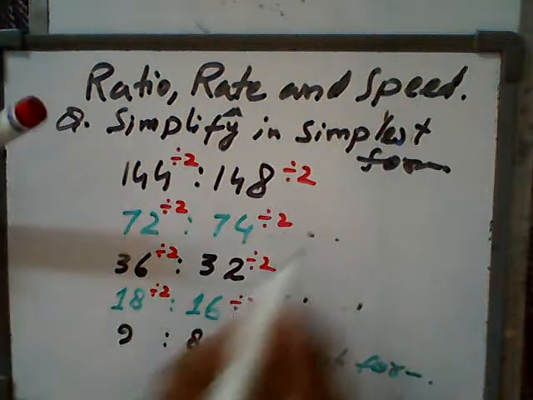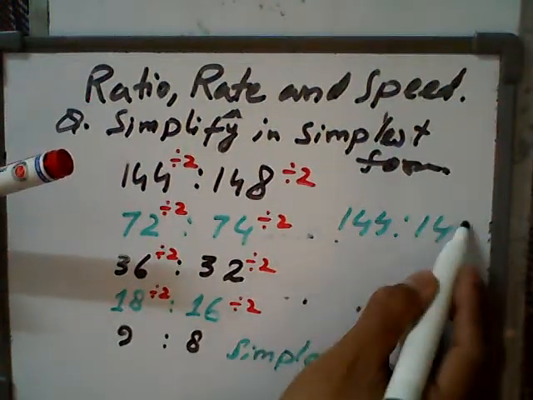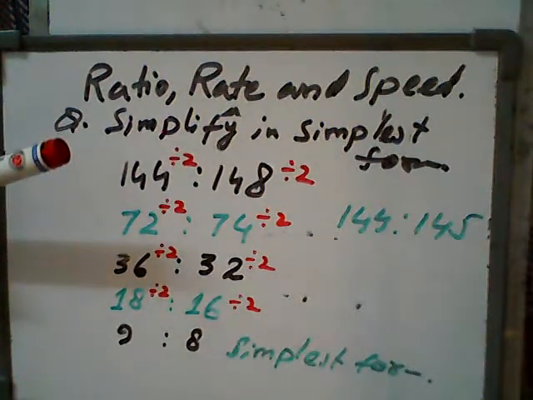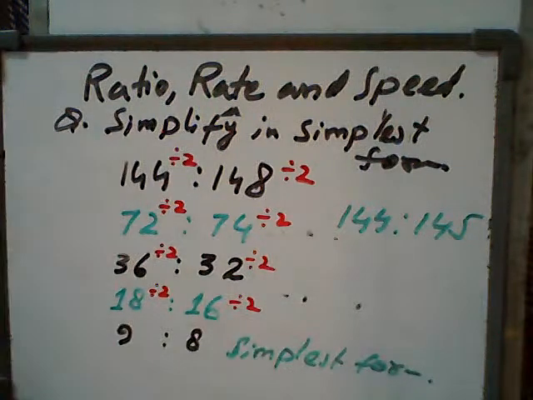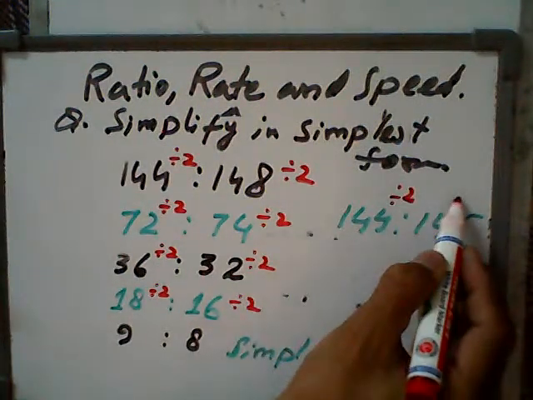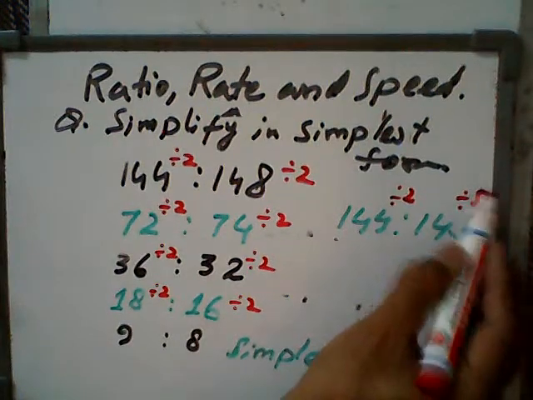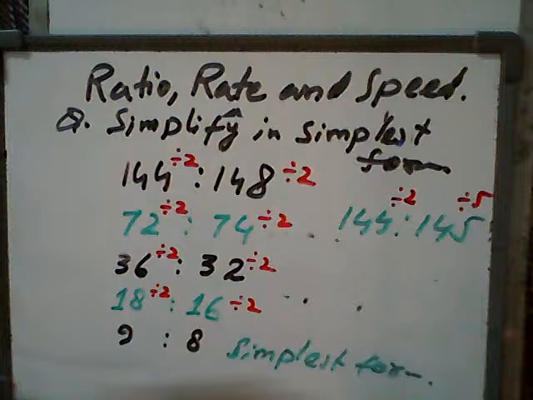Similarly, if we have 144 ratio 145, I will try to find any number with which we could simplify both of them. This could be simplified in the table of 2. This could be simplified in the table of 5, but not both with the same number.